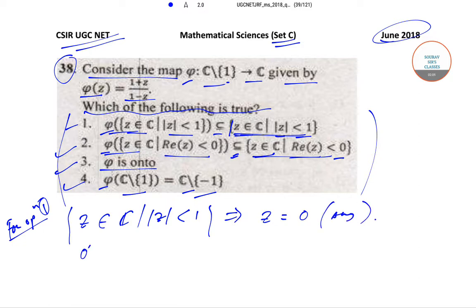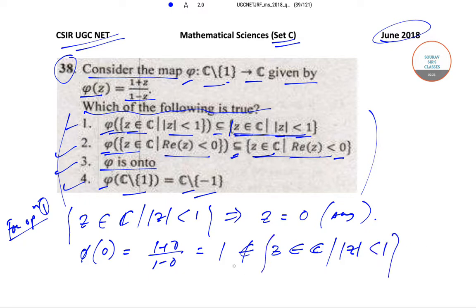Therefore phi of 0 will be equal to (1 plus 0) by (1 minus 0), which is equal to 1, and this 1 does not belong to the set where z belongs to C such that mod of z is less than 1. The mod of this value is equal to 1, so this is not less than 1. That is what I'm trying to say.